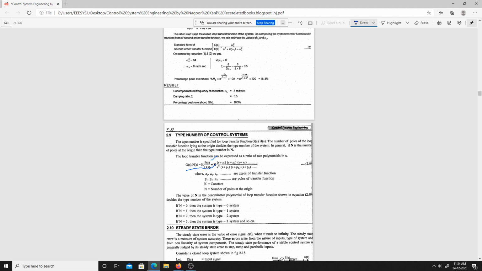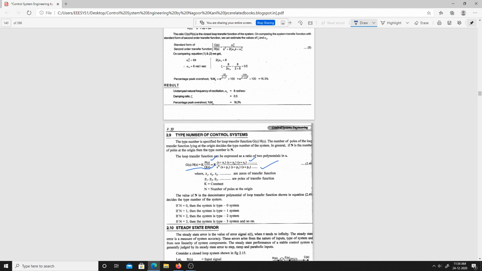In factorized form I am writing it as K into (s plus z1) into (s plus z2) into (s plus z3) and so on, by s power n into (s plus p1) into (s plus p2) into (s plus p3), right?